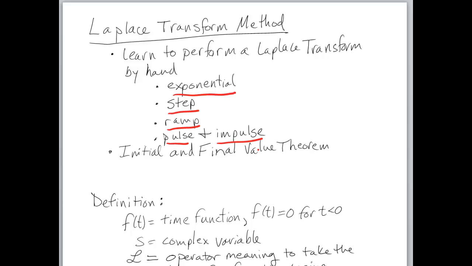Those initial and final values will be the same initial and final values you have in time space. So it essentially saves you a step of having to convert back to your time domain, or if you're already working in your S domain, it allows you to just continue working in that S domain.